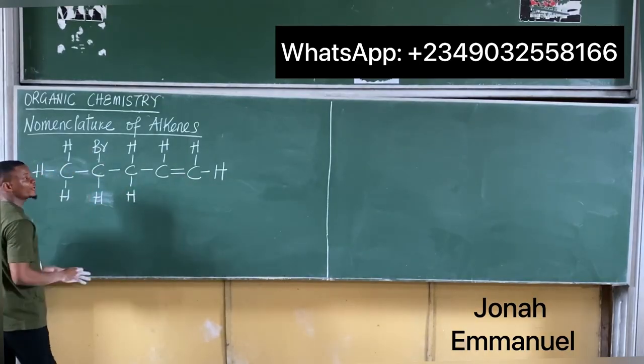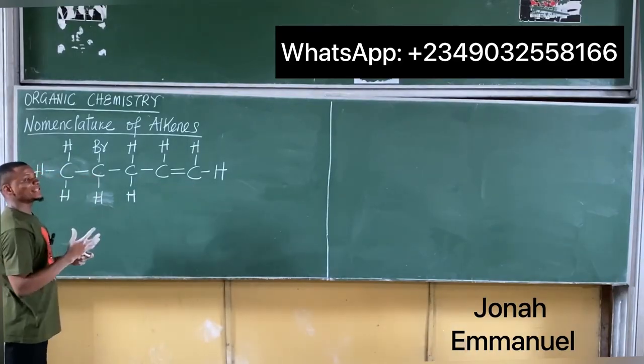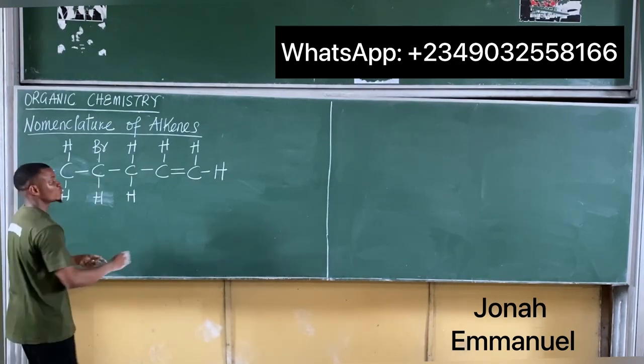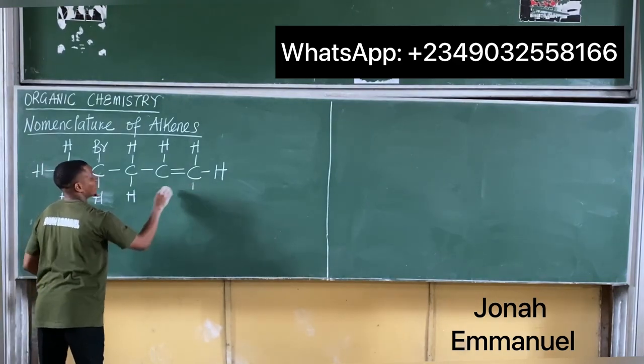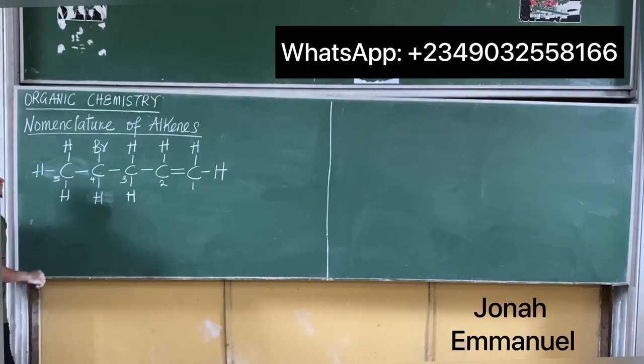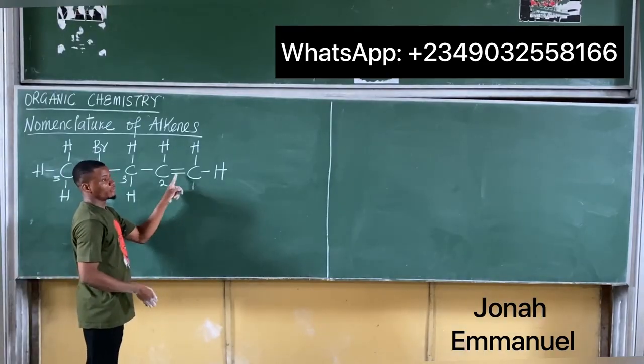My priority is the double bond. So I'll number it in such a way that the position of the double bond becomes the smallest, which will be this way: 1, 2, 3, 4, 5. Why? I want the smallest number for my double bond.